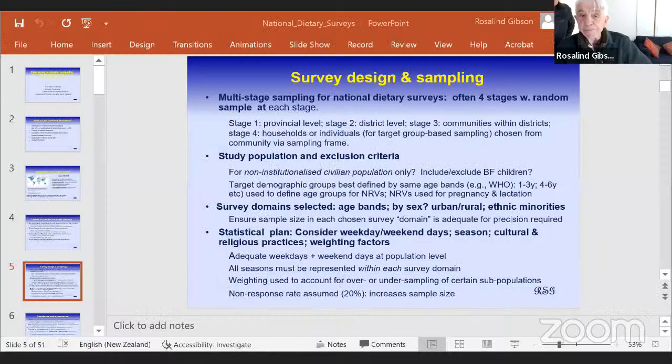I don't know how to get it back. I think we better go back to the end slideshow. There, it's there now. Share screen there. Now, can you see it now?